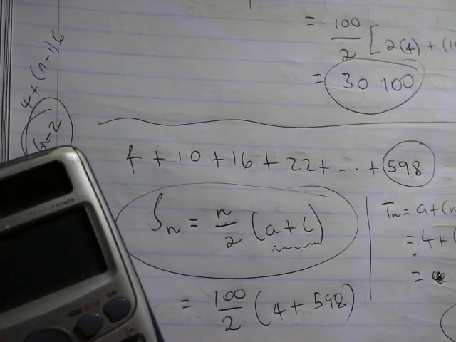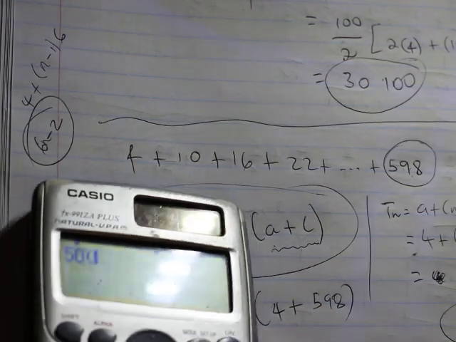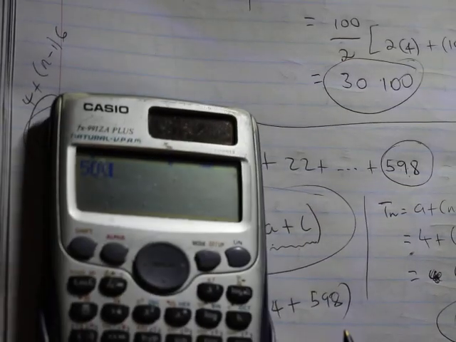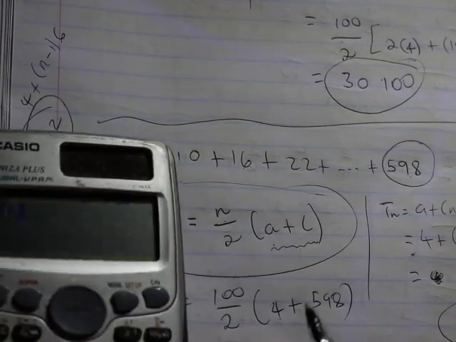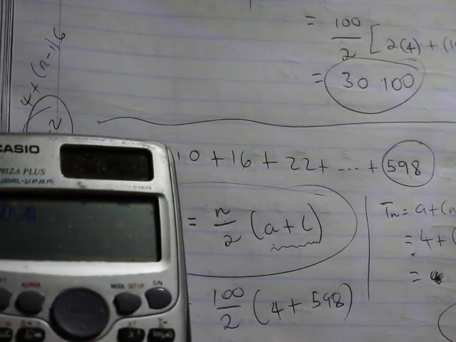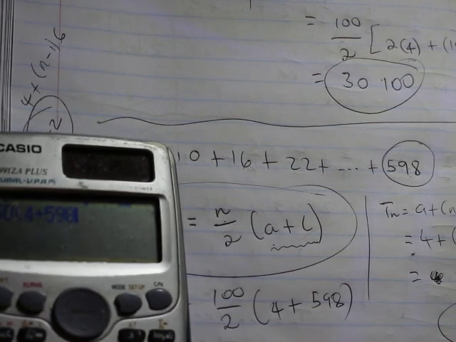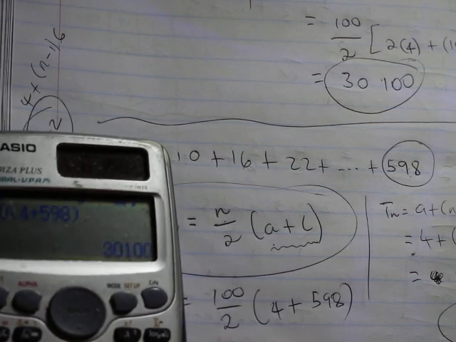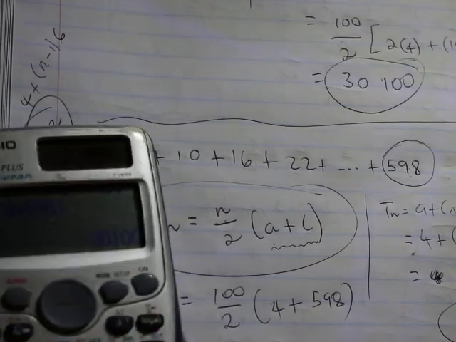So that's 50 into 4 plus 598. And we're getting the same answer, that's 30,100.